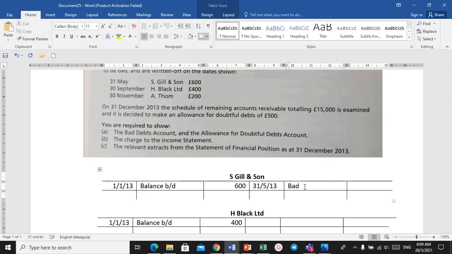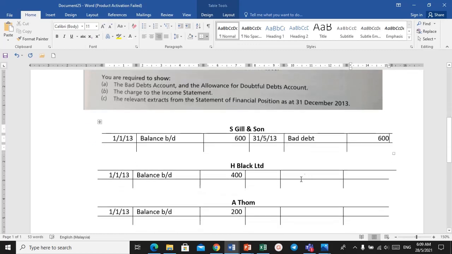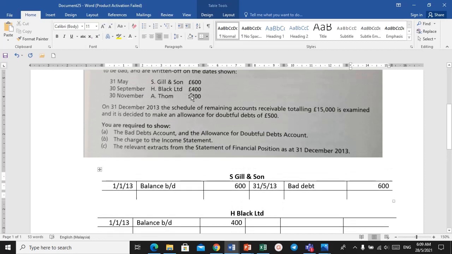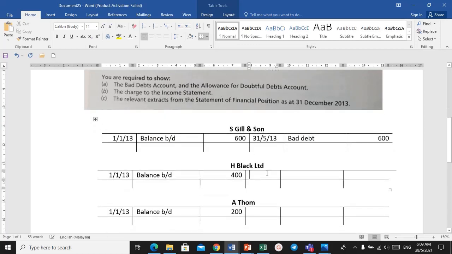Okay. So this is the bad debts account. And the amount would be 300. And the same goes for the rest of the bad debtors. So we have H. Black Limited on 30 September. Debit entry with bad debt. And the amount 400.